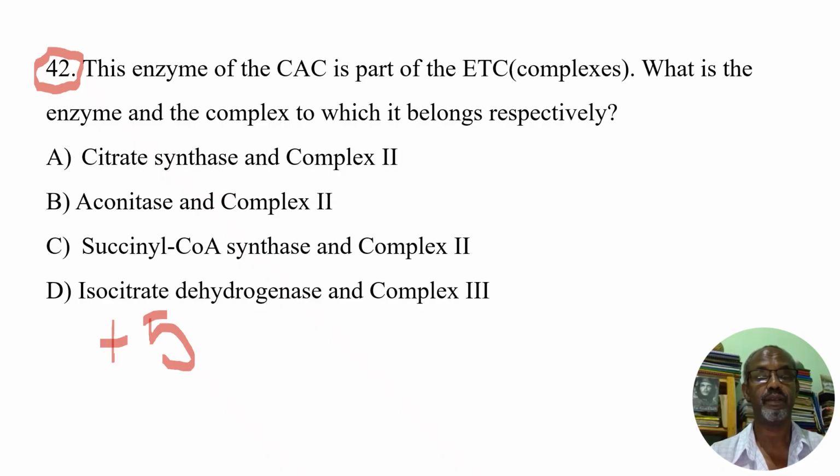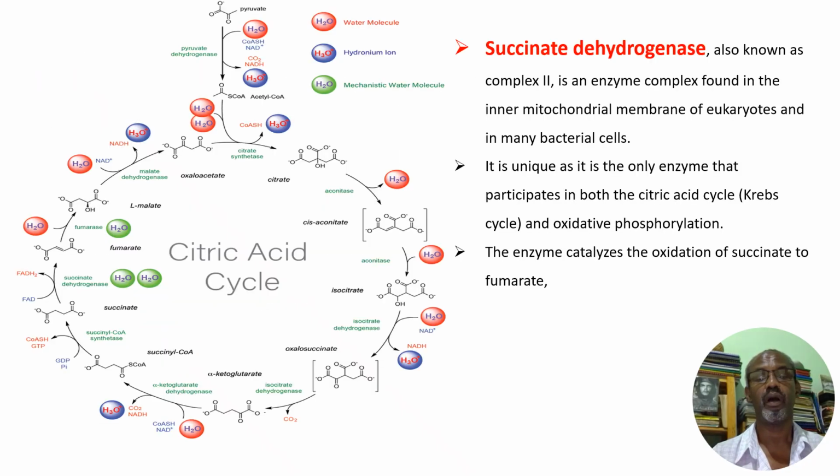The answer should be succinate dehydrogenase, which changes succinate into fumarate and also reduces FAD into FADH2 this time. It is part of the complex 2. Therefore, this is it. I've given you the description: succinate dehydrogenase, also known as complex 2.